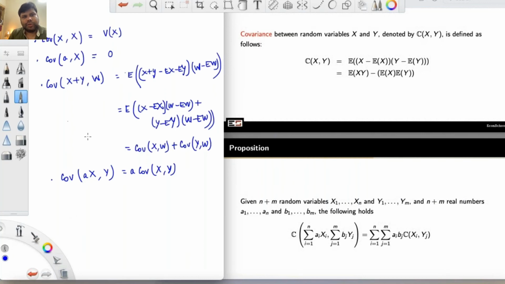If you keep going and use all of them, let me write one more and then I'll write the formula. If you apply this principle again and again, you will get the covariance of XW plus the covariance of XZ, plus the covariance of YW, and plus the covariance of YZ.